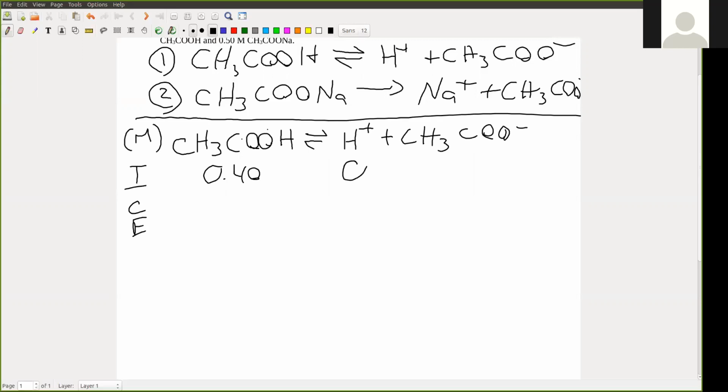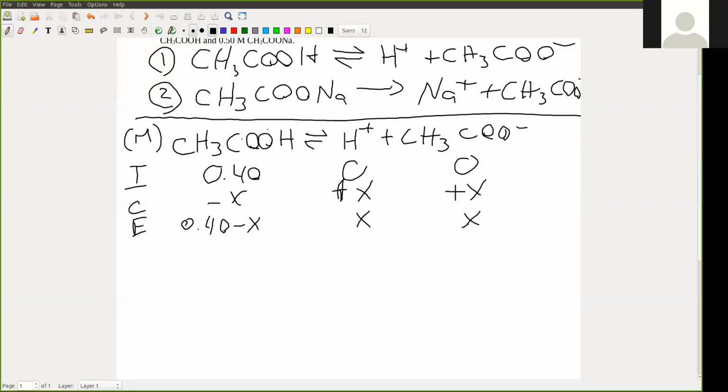And we would have 0 molar for both protons and acetate ions. We don't know what the change is initially, so we're just going to give it a variable x. And similarly, as we lose acetic acid, we're going to gain the same amount of both protons and acetate ions. So at equilibrium, we would have 0.40 molar minus x molar, and x molar.